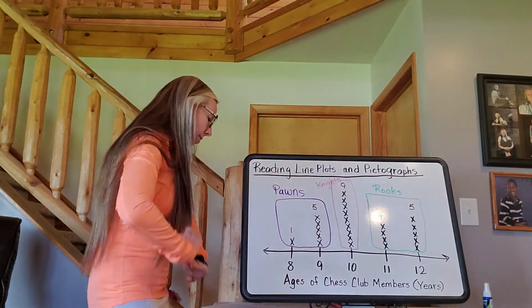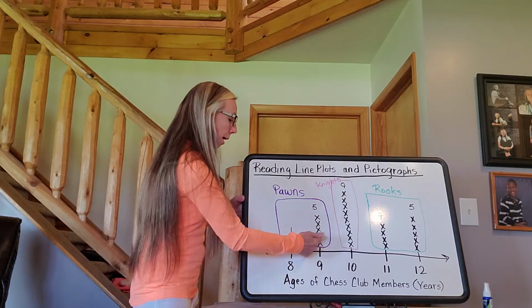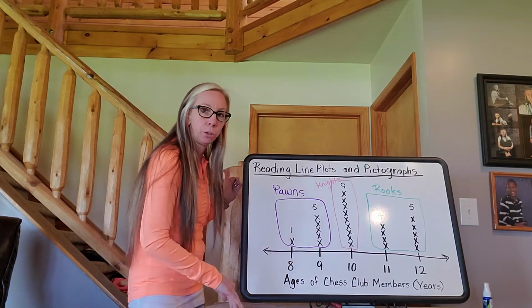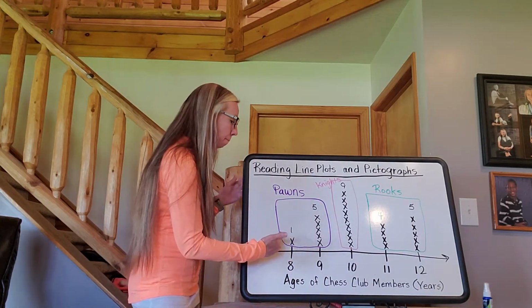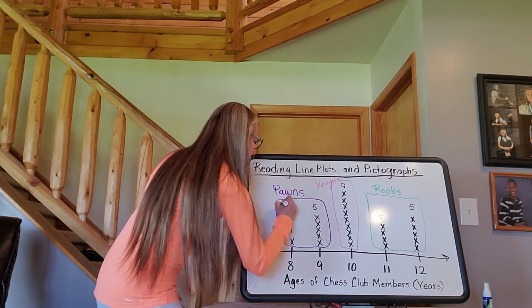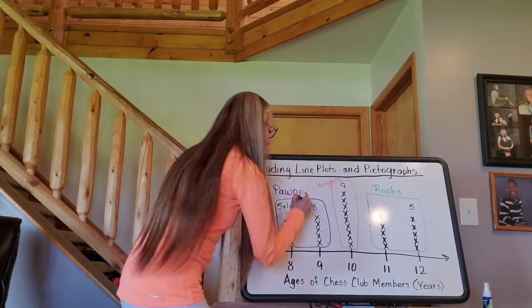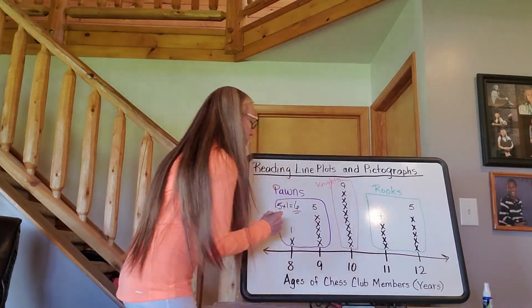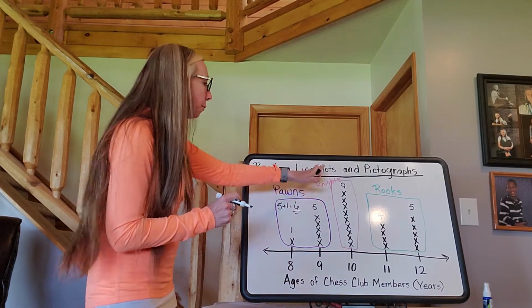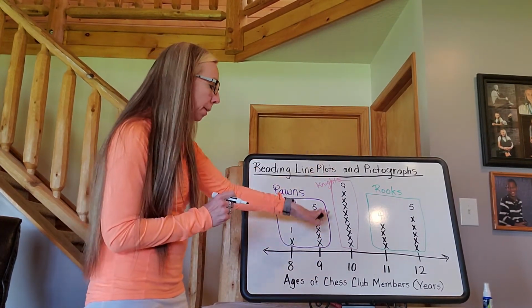So it says, how many would be in the pawns? So we have to combine the 8 and 9-year-olds because they are under 10. So 5 plus 1 equals 6. So there would be 6 pawns. Well, for the knights, they're only 10-year-olds. The knights can only be 10.